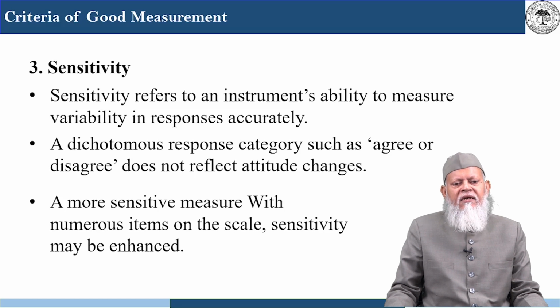So the 7-point scale is able to capture more variability in responses than the 5-point scale, and the 5-point scale is more sensitive than the 3-point scale.